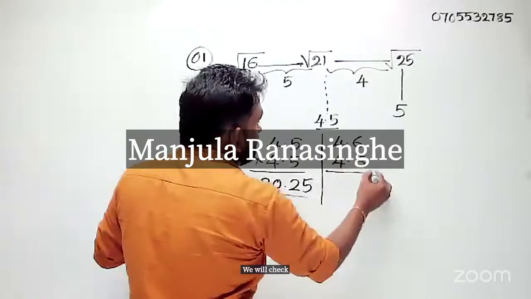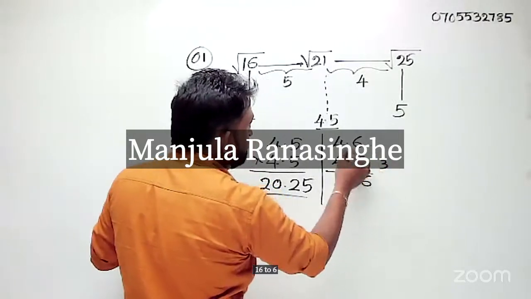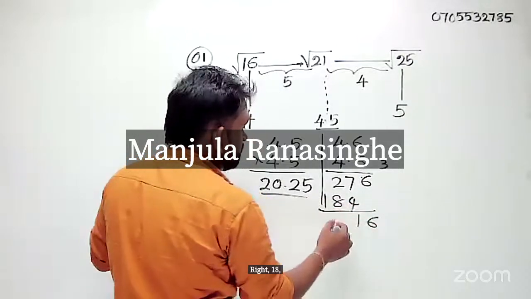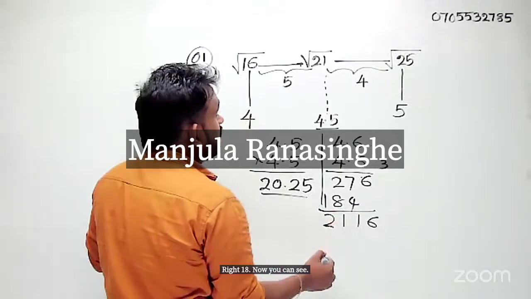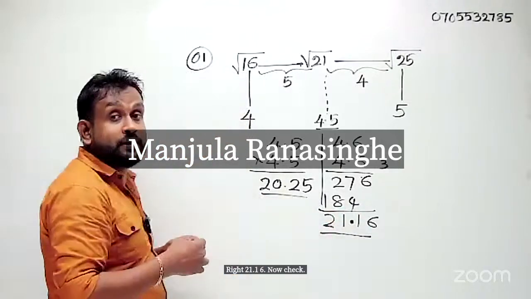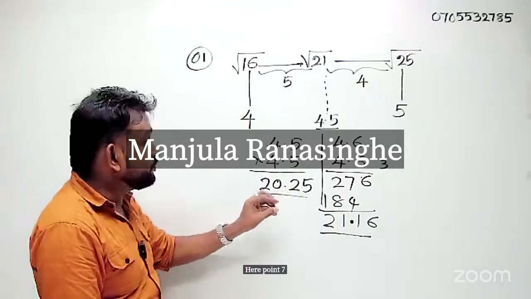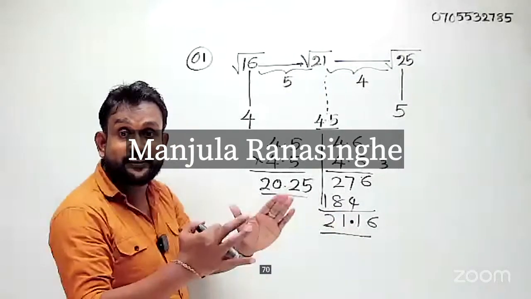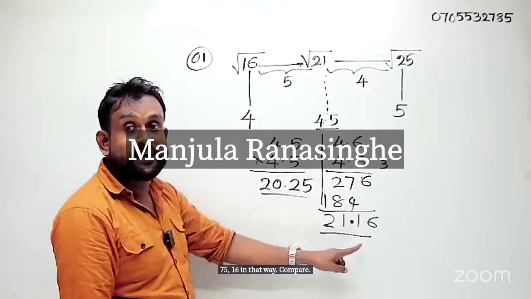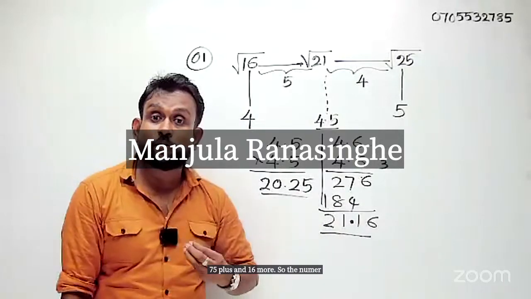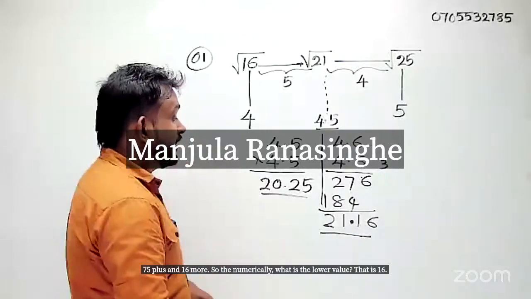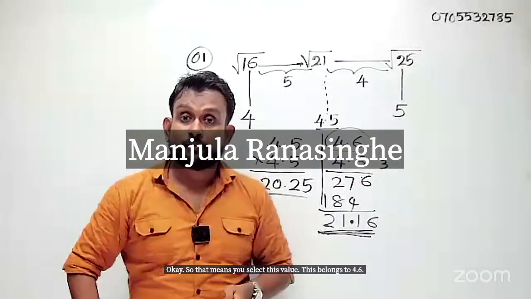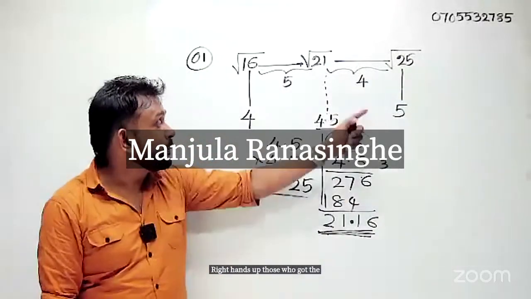With 4.6, 6 into 6, 36, 3 remaining, 27, 18, we get 21.16. Now 20.25 is 0.75 less, but 21.16 is 0.16 more. Comparing 75 less and 16 more, the lower value is 16. So you select 4.6. Hands up those who got the answer, 4.6 here.